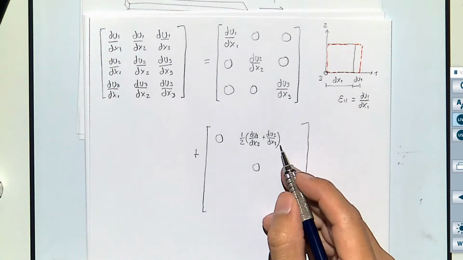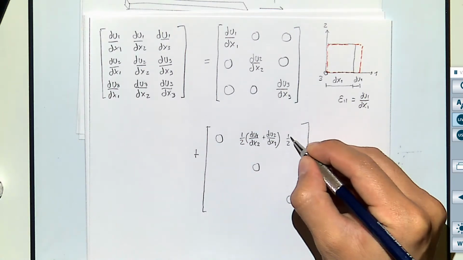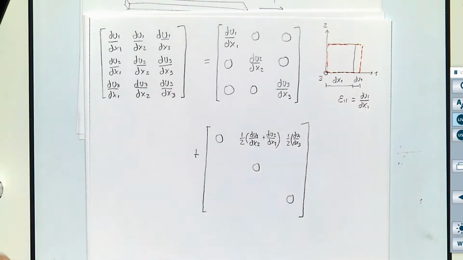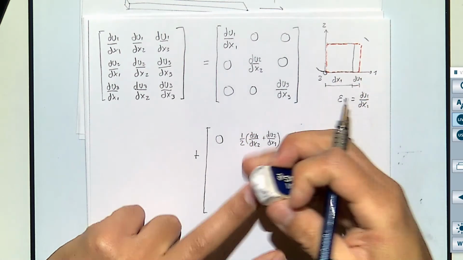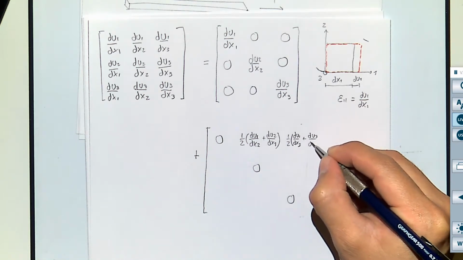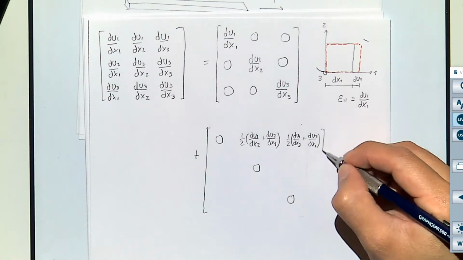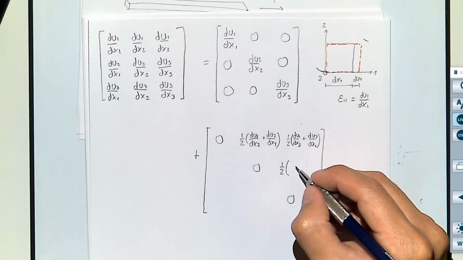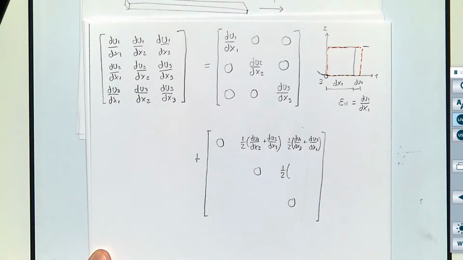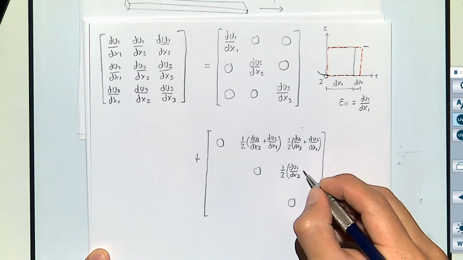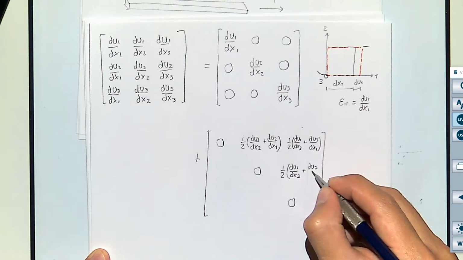And the same as with this one, here, this one is going to be du1 dx3, and I'm going to add the symmetric term du3 dx1, and similarly here, oh, there is a mistake here, right there, to du2 dx3, I'm going to add the symmetric term du3 dx2.